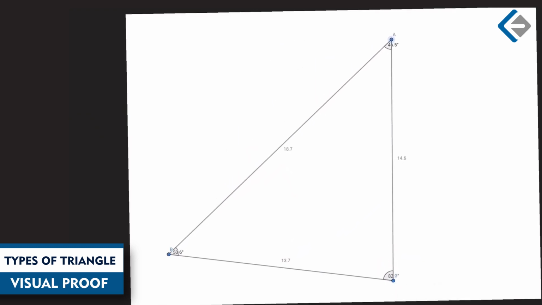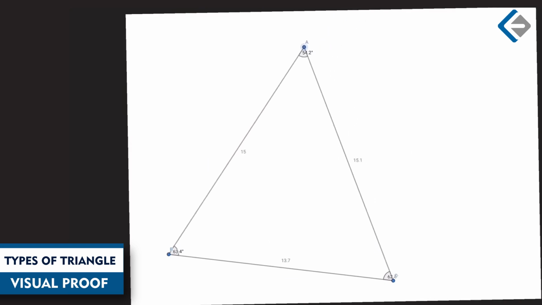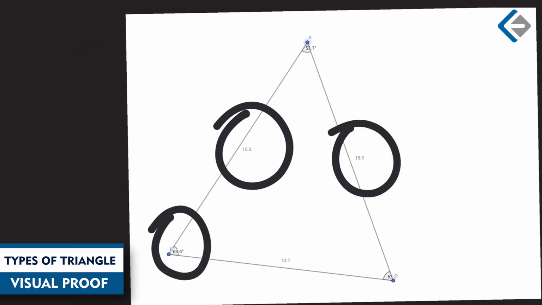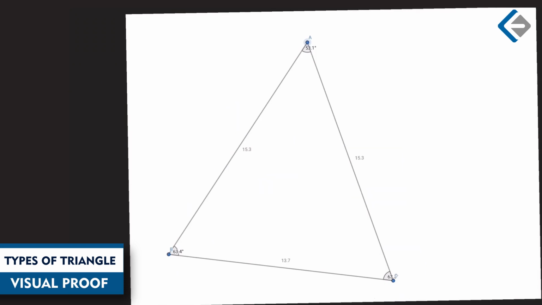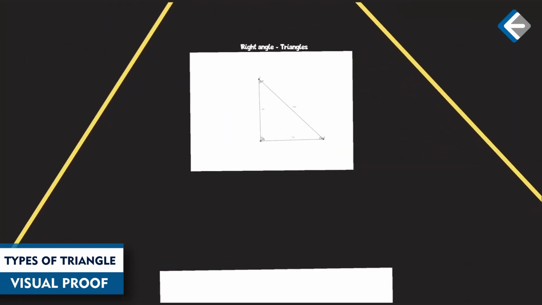If I further play with this triangle and make AB equal to AC, now these are the only two sides remaining. Both are 15.3, yes. So angle B becomes equal to angle C, which is 63.4 degrees. And that's how simple it is for me to visually prove that in an isosceles triangle, two sides and the two adjacent angles are always equal.